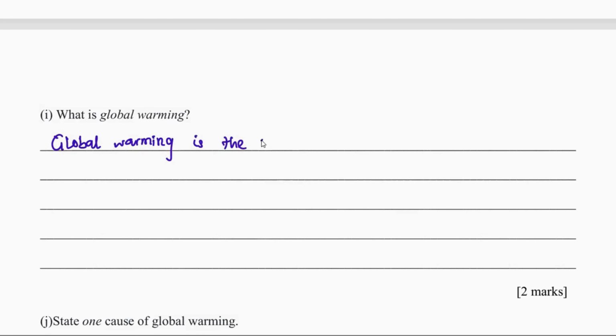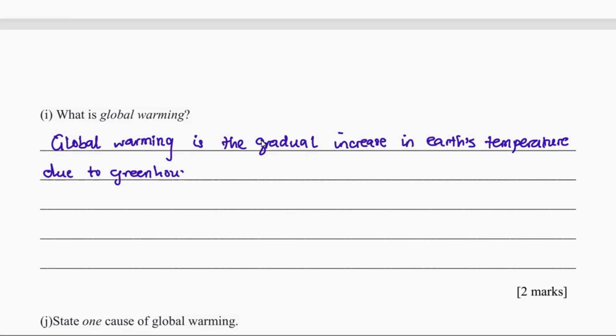Global warming is the gradual increase in the Earth's temperature, okay, due to greenhouse gases.